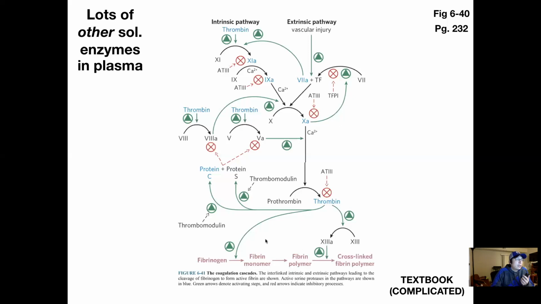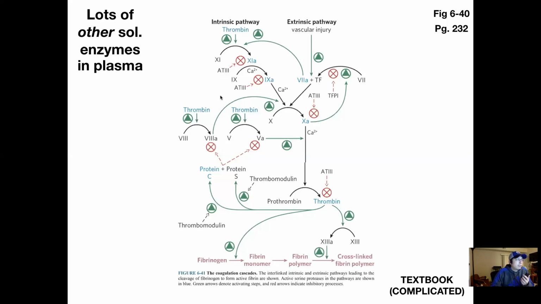In this pathway, the end is down here dealing with just fibrinogen or its cleavage into fibrin, but it starts with vascular injury up here, right? And then essentially what you have going on here is a proteolytic activation of zymogens.